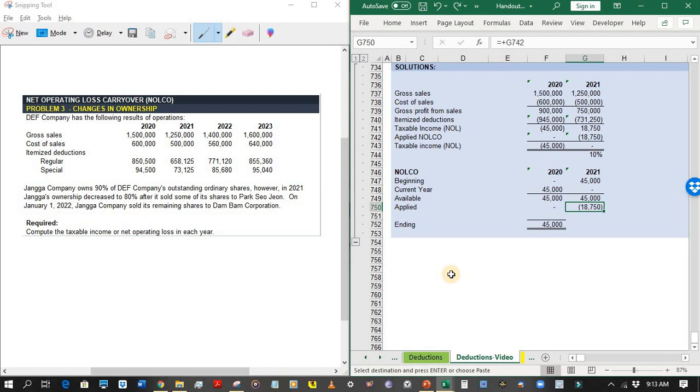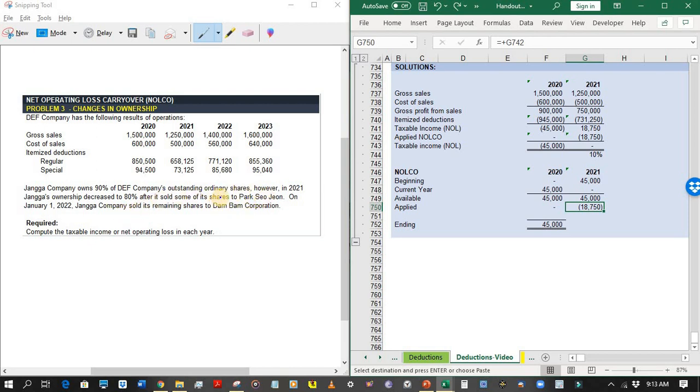Then to continue with the additional information, on January 1, 2022, Janga Company sold its remaining shares to Dambam Corporation. So which means that in 2022, there is again a change in the ownership, and this time it is more than 75% because in 2021, the remaining shares of Janga is 80% of the total outstanding shares of the AF company after it sold some to Park Sojon.